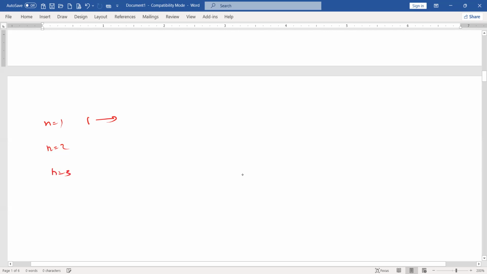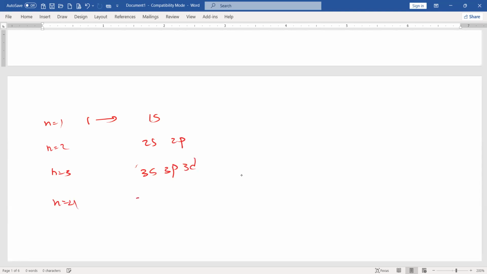That means 1s, then 2s and 2p, then 3s, 3p, 3d. If n equals 4, then 4s, 4p, 4d, and 4f. This is what it says.